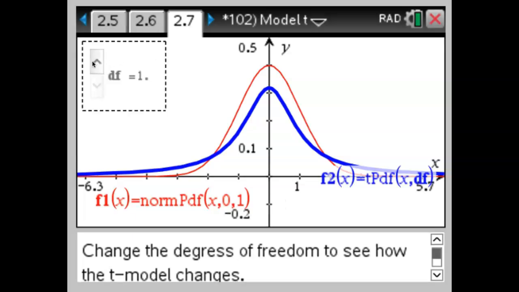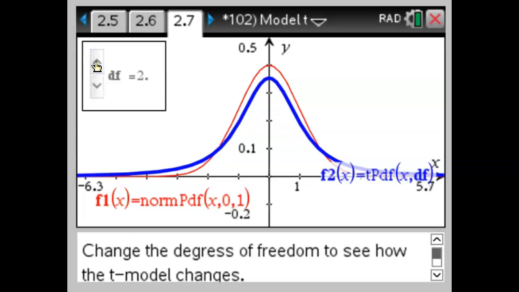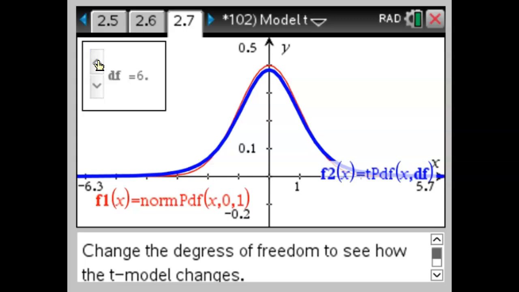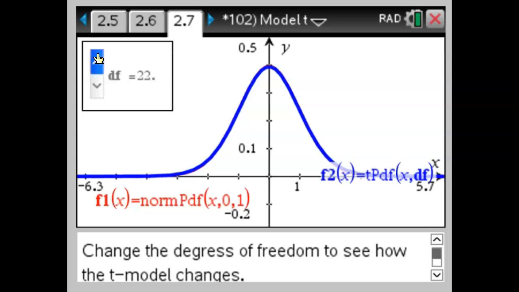If we increase the degrees of freedom, so now it says sample size of 3, 4, 5, and I keep going, you're going to notice that this keeps stretching up to almost look like a normal distribution.